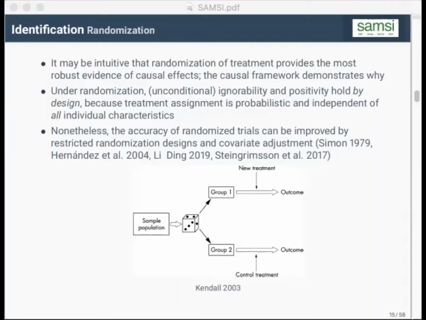So this means that ignorability holds by design, and it holds unconditional on any covariates, and positivity also holds by design, because there's going to be a positive probability of treatment for all covariates, independent of those covariates.